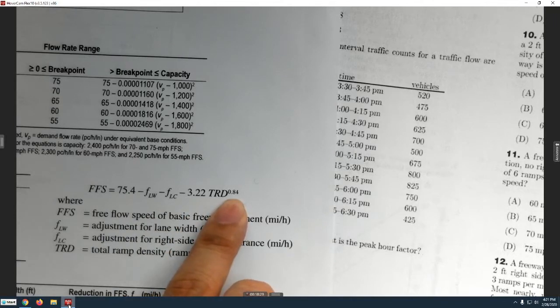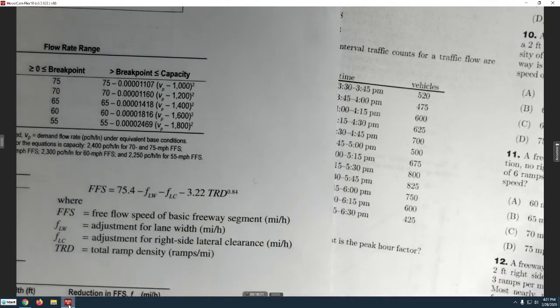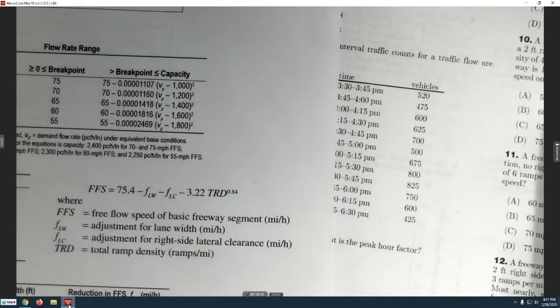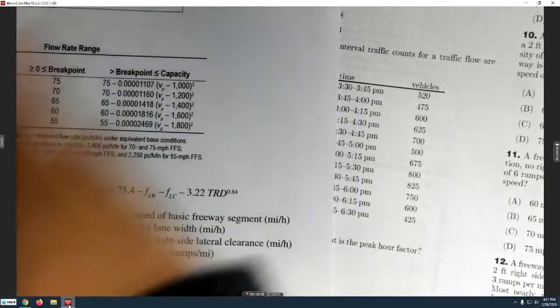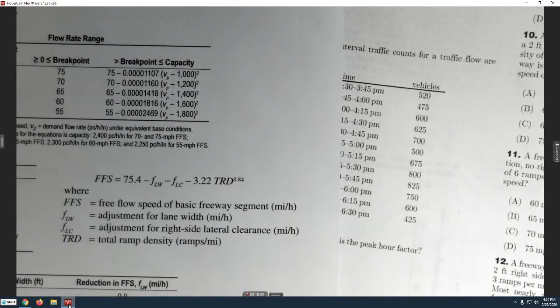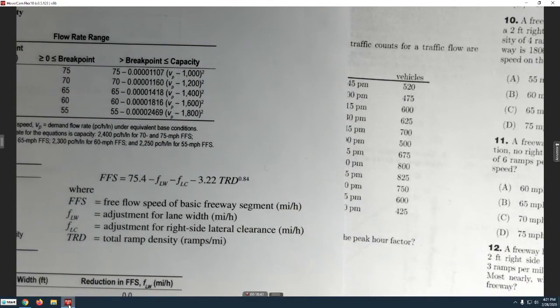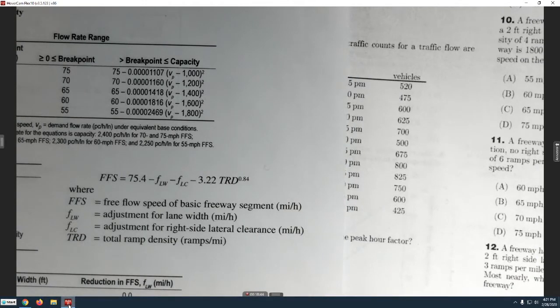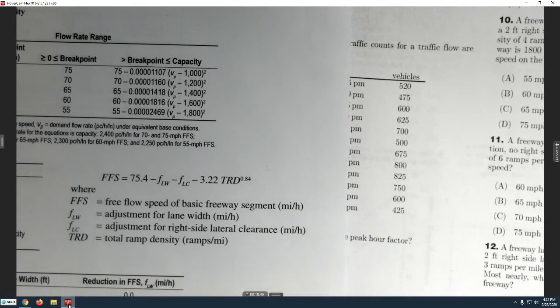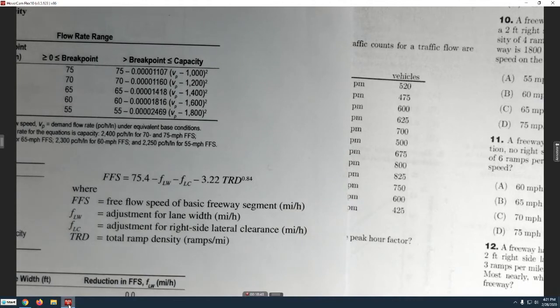So the answer is around 56. So the answer is A. It's just a matter of finding the adjustment factors from these tables. Same thing here. I'll skip this one. Question 12 is also about the same.